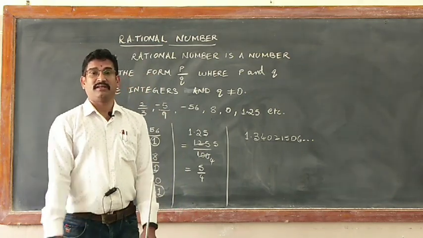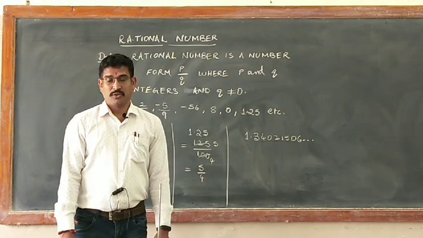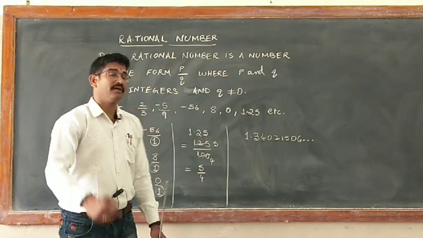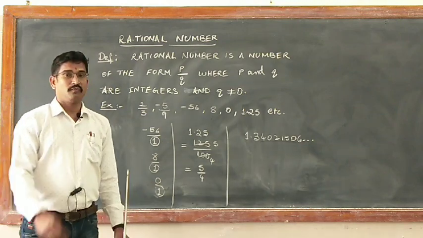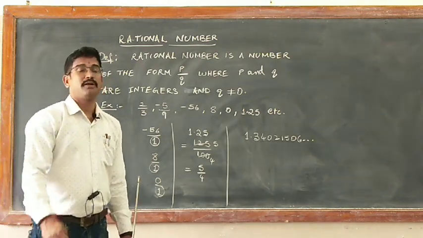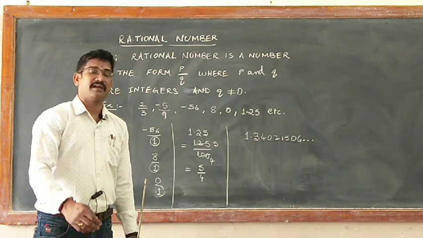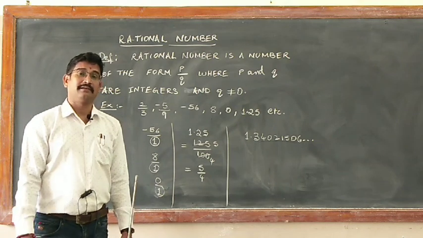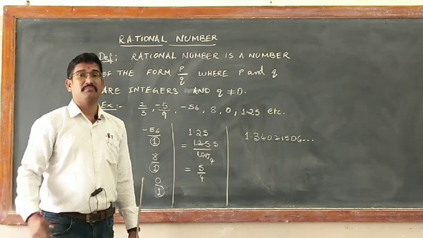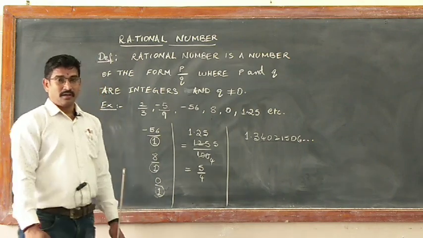For this moment, I will tell you there are such decimal numbers which cannot be converted into the form of p by q. So we cannot call them rational numbers, and their name is irrational numbers. We will be learning in detail the definition and meaning of irrational numbers in our class 9th standard.